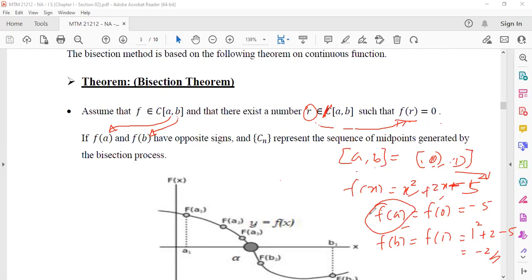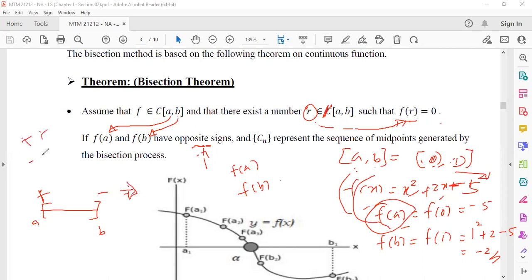So you have to substitute your interval values into the functions f(a) and f(b). See, the theorem continues. If you are substituting and the values of f(a) and f(b) have opposite signs, for example, this is my a, this is my b, and after I substitute I get a positive value here and a negative value there. Both should be opposite, you don't get plus plus or minus minus.